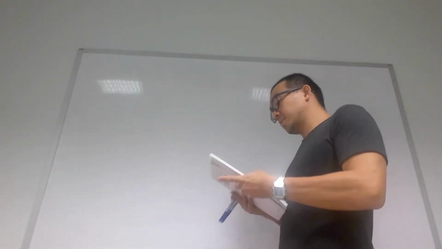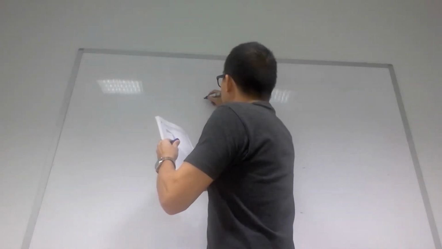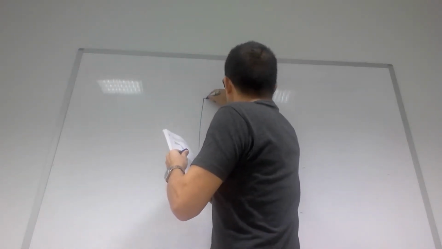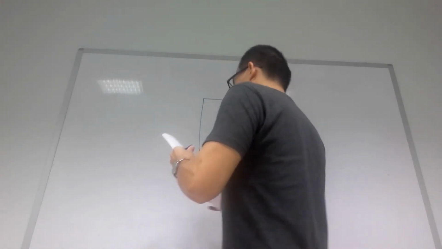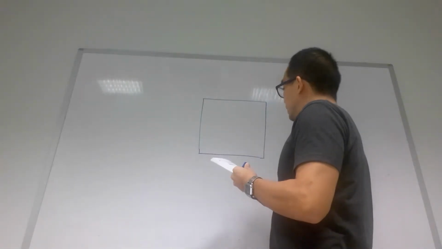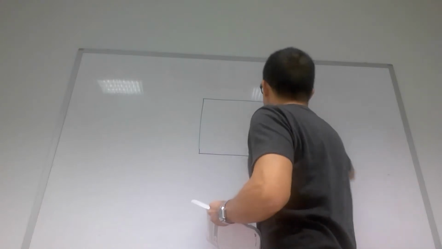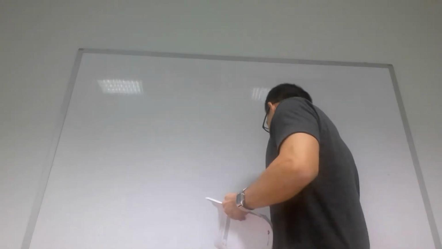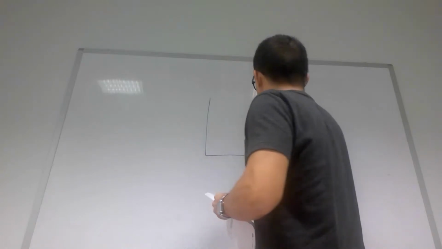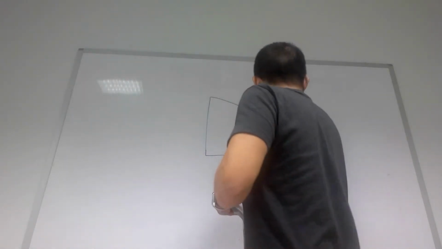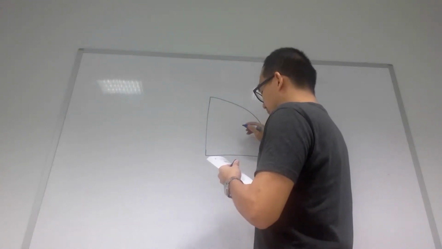Okay, number 5. This one is very interesting. The figure shows square ABCD, so there's a square, and a quarter circle. Okay, I drew wrong again. Let me draw the quarter circle first, and the square inside.